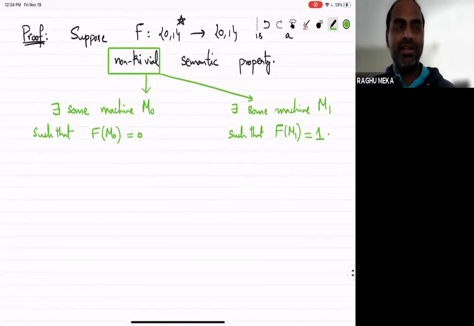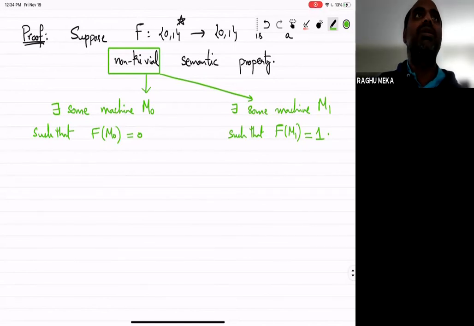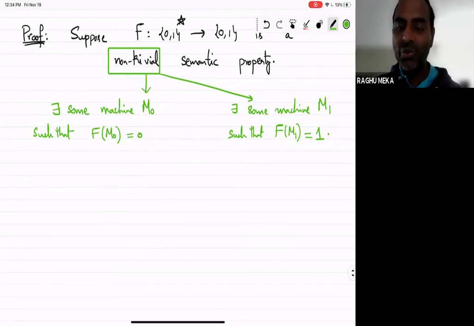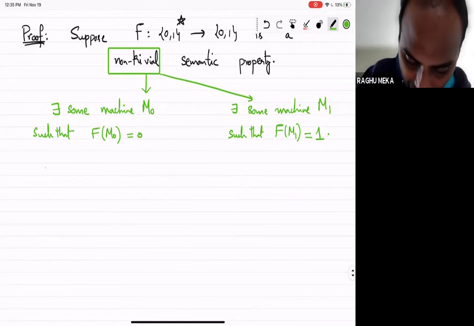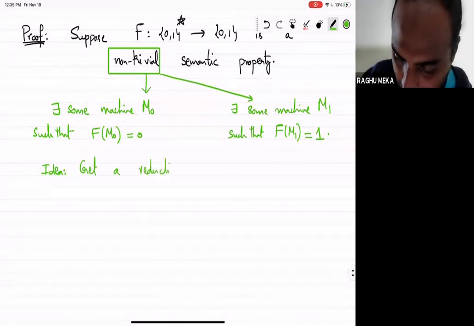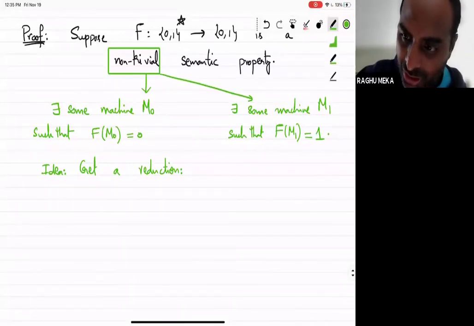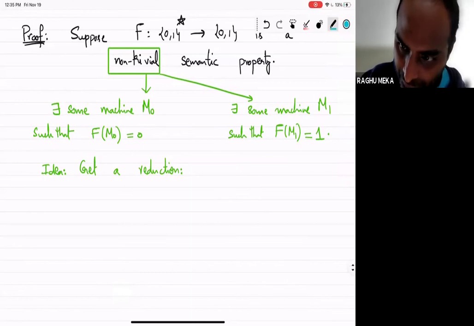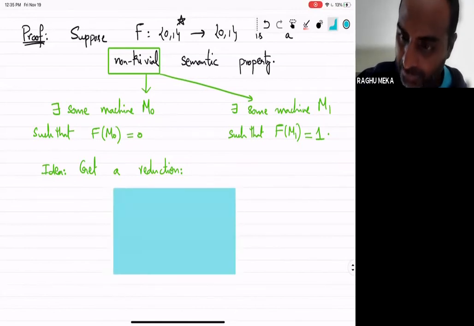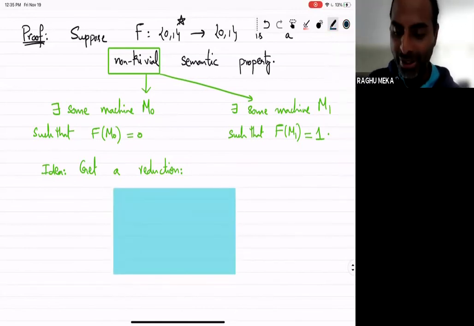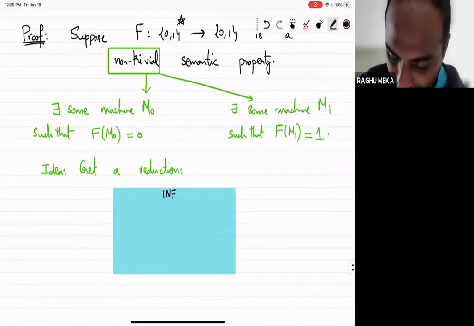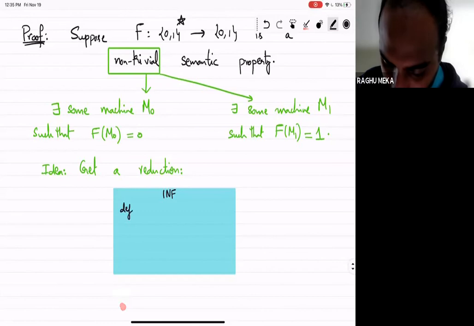Now the proof is clever in the following sense. We have to use some ingenuity here, and we're going to look at the following program. The idea is to get a reduction. I'm going to define a special program. It's going to be a silly program, but bear with me. It's called the infinity program. What does it do?